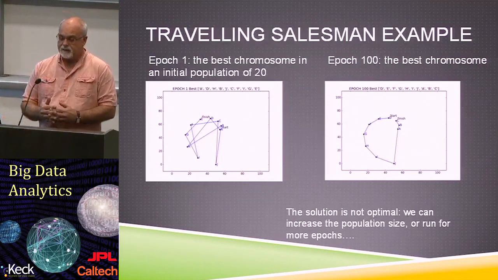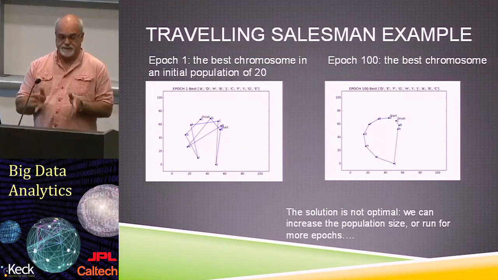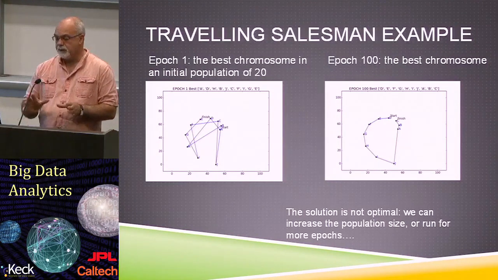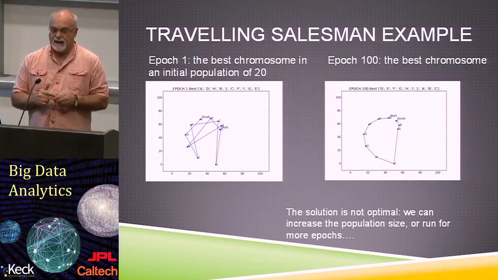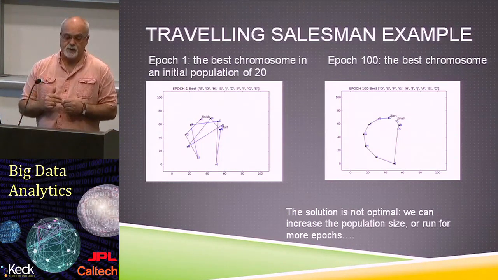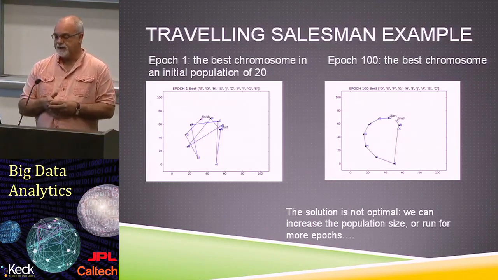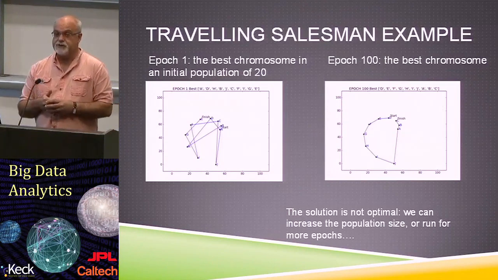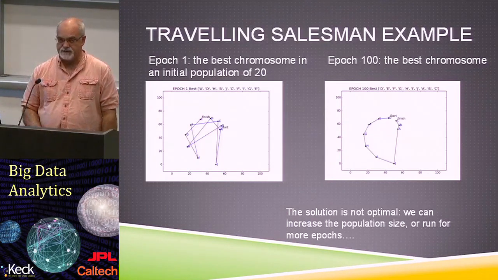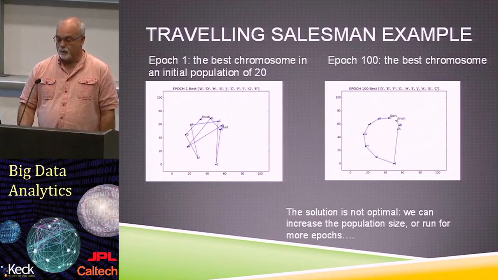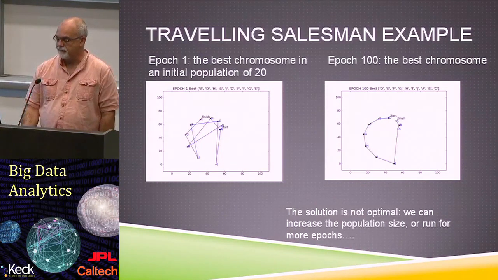So now we have our population of chromosomes, we have our fitness function, we know how to mate the chromosomes, we know how to mutate them, and when we run the algorithm, typically we want to see how the algorithm is performing, and there are various ways you can see how the algorithm performs as it generates new populations. The most visually appealing one, of course, in the travelling salesman problem is to look at the order of the cities which the genetic algorithm says are the best ones to minimise the travel distance.